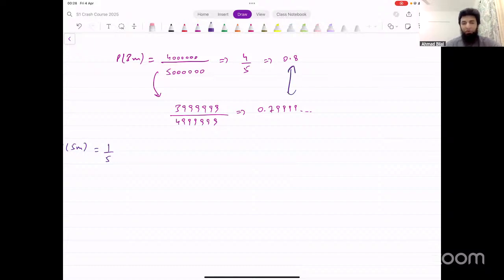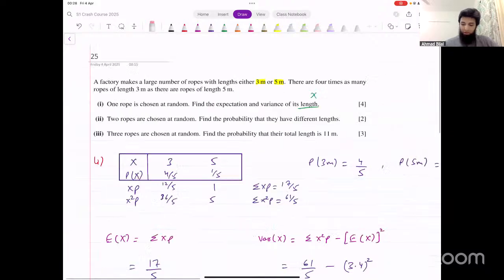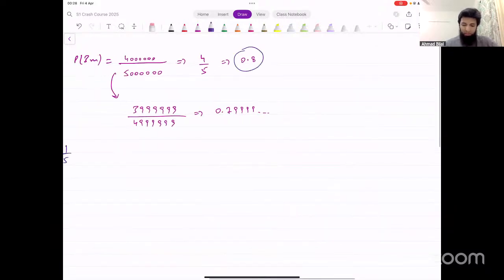If you take out 1 from infinite, that's still infinite. So you see the probability is not changing by much. 0.799999, and then infinitely many nines, and that also rounds off to 0.8.